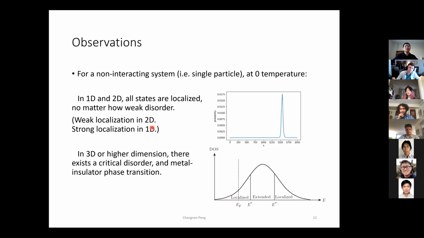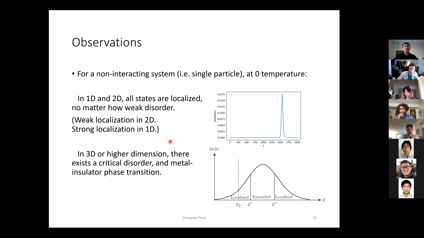Okay. So in 2D we have weak localization, which means we might not observe the localization effect because the localization length is large. But in 3D or higher dimensions, there exists a critical disorder.